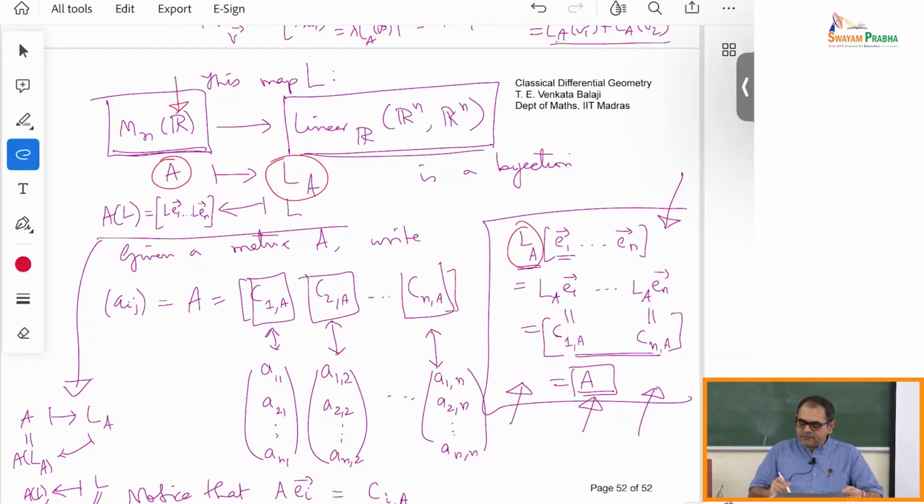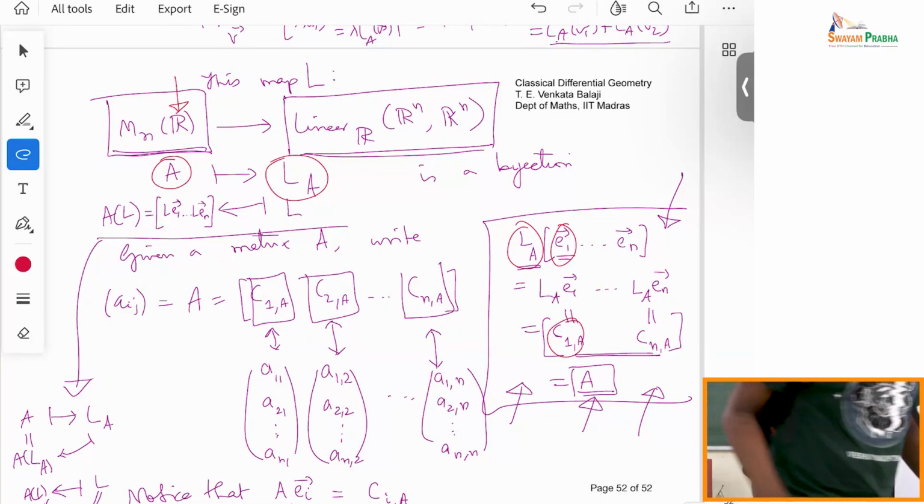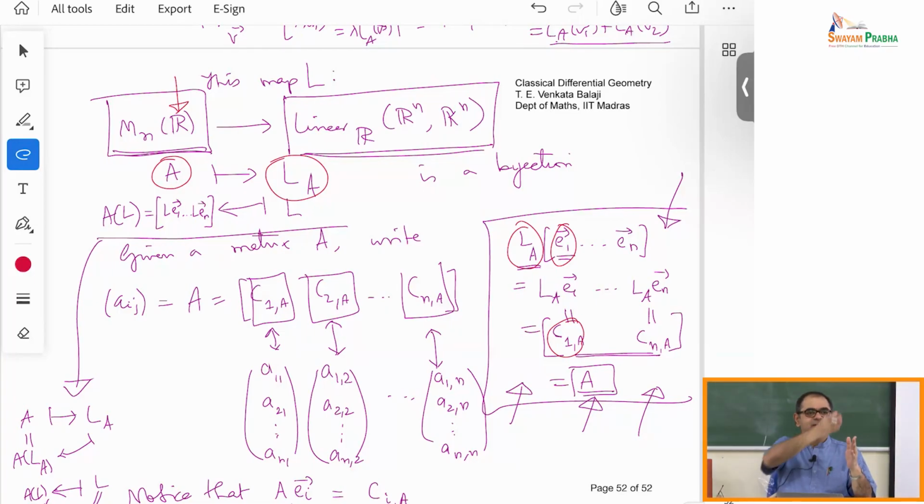It will take the first basis vector to the first column vector occurring in the matrix, and similarly it will take the ith basis vector ei to the ith column. And therefore, if you take the corresponding linear map, the columns of the matrix are precisely the images of the standard basis vectors under the linear transformation defined by that matrix.